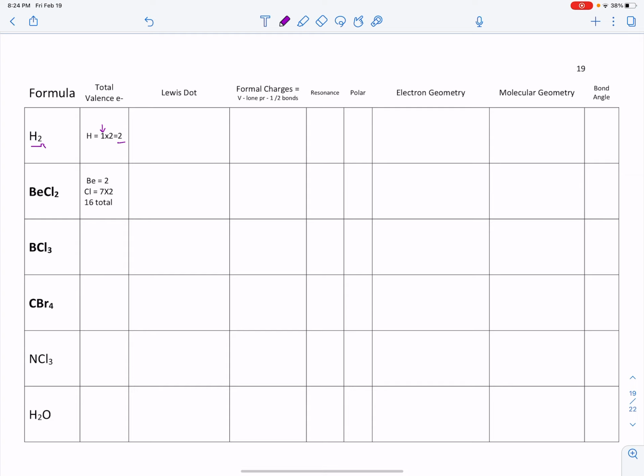So your valence count is 2. Or for beryllium and chlorine, again, this is in the second column. That's in the 7th tall column. And there are 2. So this is 14 plus 2 gives you 16 total. That's what you want to do for all of these elements.